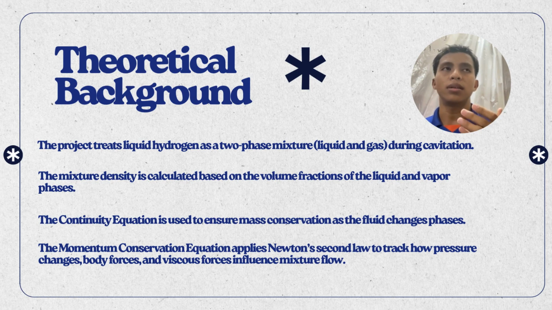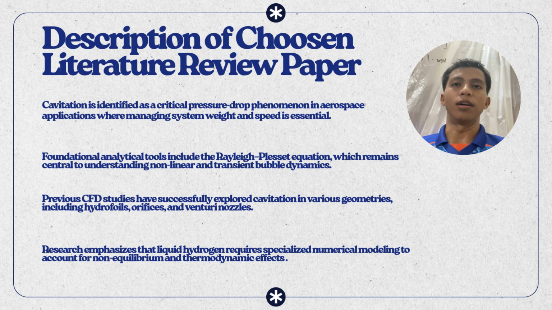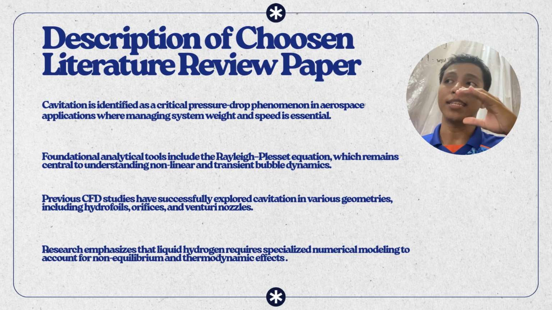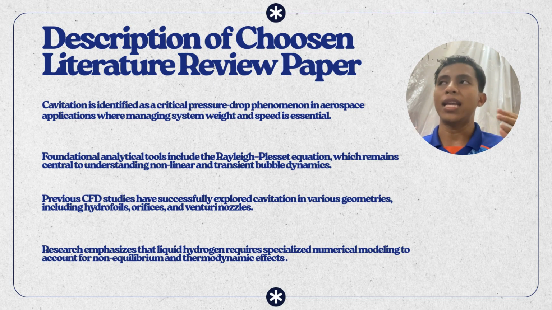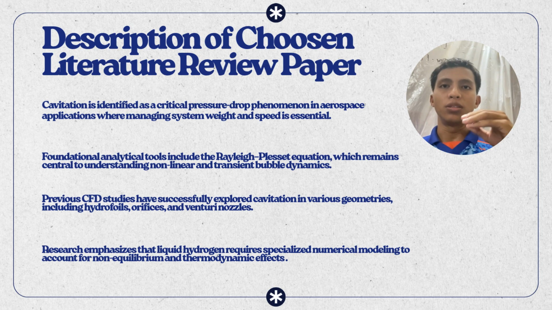Next, from the literature review, cavitation. As we know, cavitation is identified as a critical pressure drop phenomenon in aerospace application, where managing system weight and speed is essential. So foundational analytical tools include the Rayleigh-Plesset equations, which remain central to understanding non-linear and transient bubble dynamics.